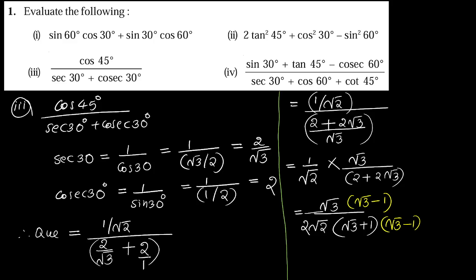So rationalization means removing the square root from the denominator, but the numerator can have square root. For that purpose, rationalization is needed. So I can easily remove root 3 in the denominator by multiplication with the conjugate. All of you clear?